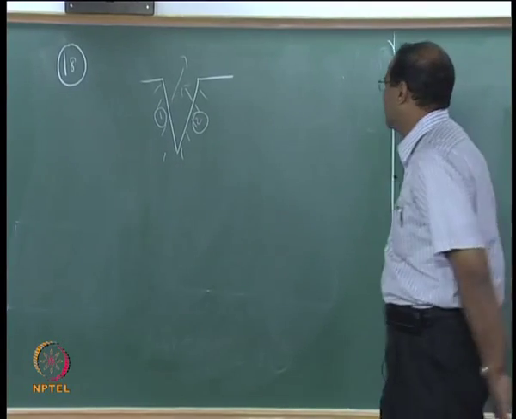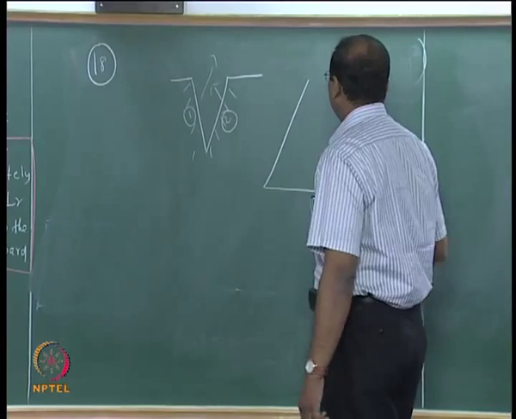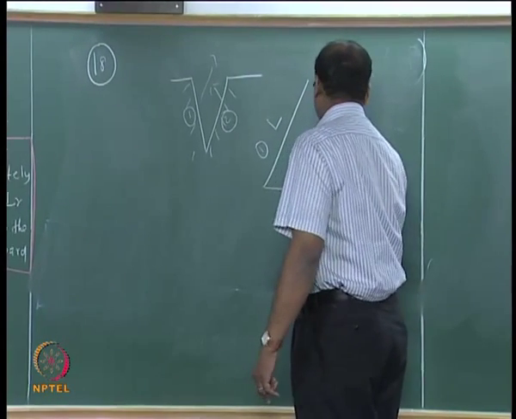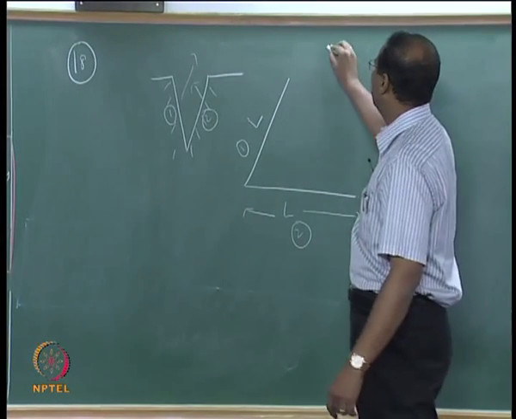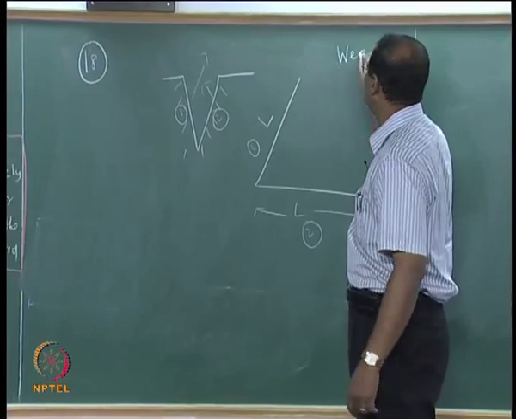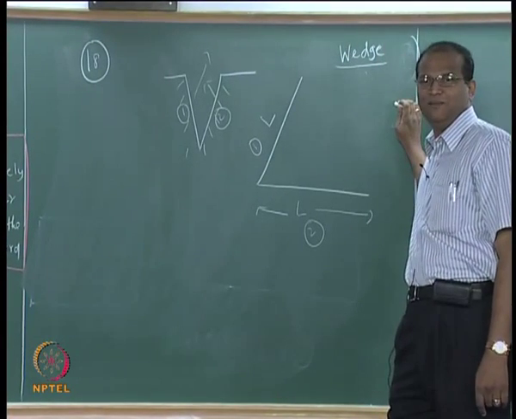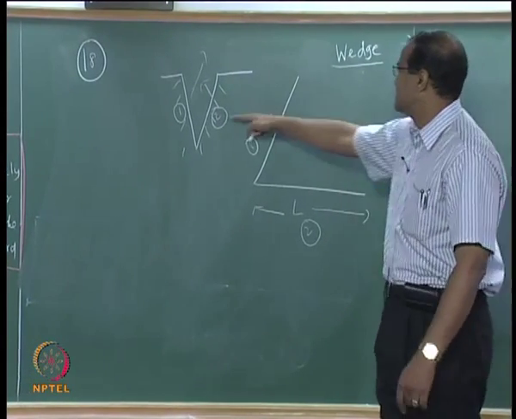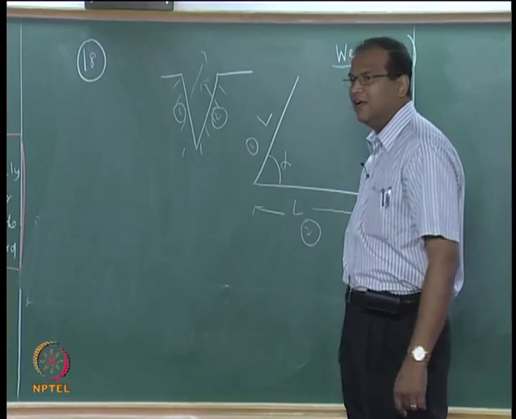So in order that you are able to follow what I am saying, let us say this is L, this is also L. I will call this a wedge, okay. In English we keep saying, do not drive a wedge between the two people, okay. So this is a typical wedge. Now the included angle is alpha.